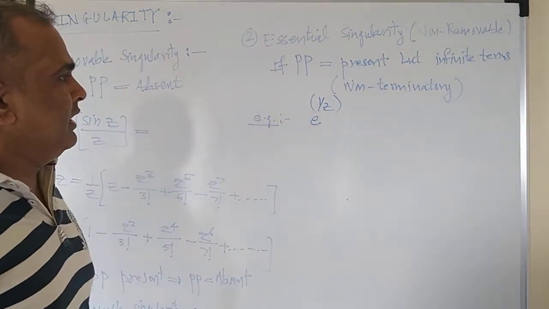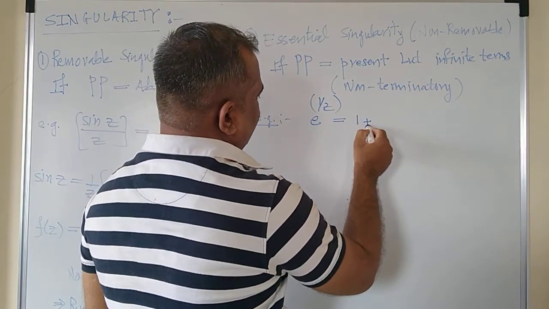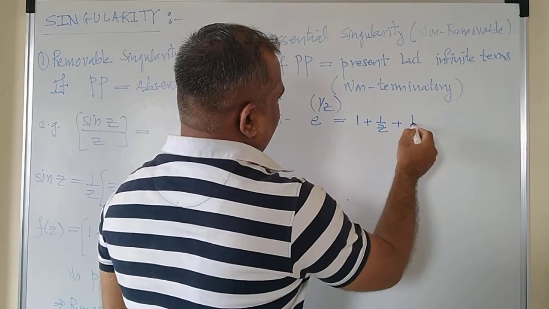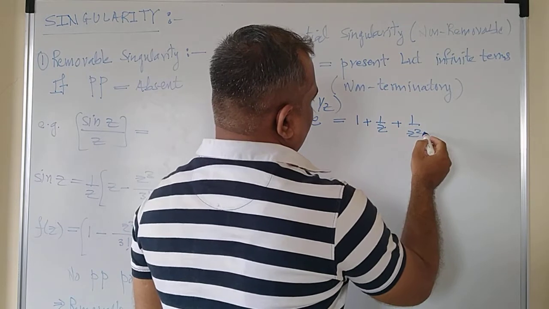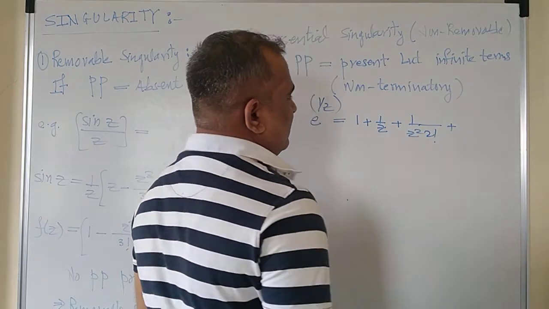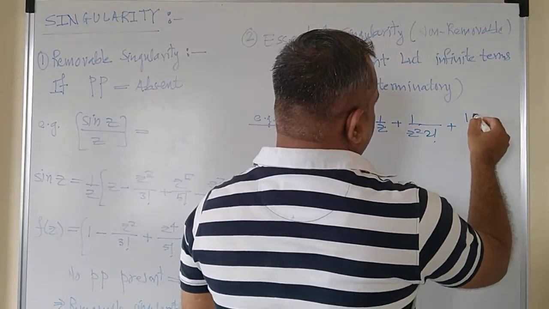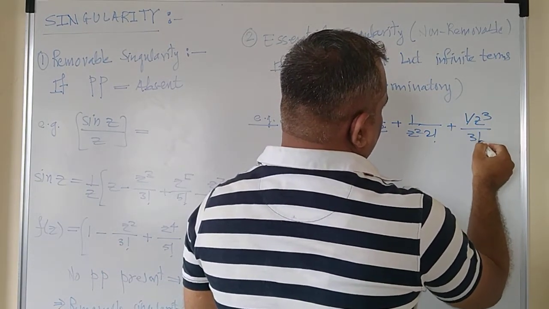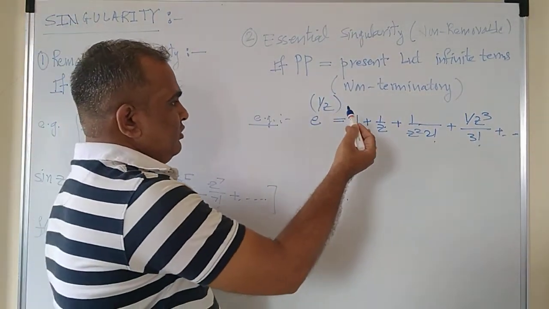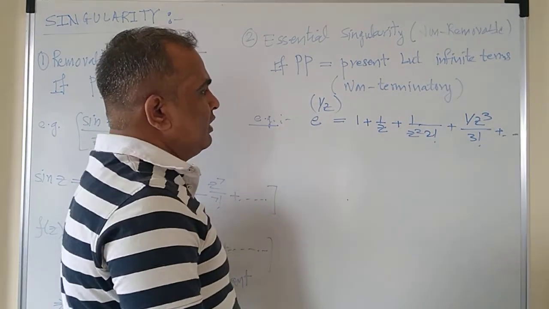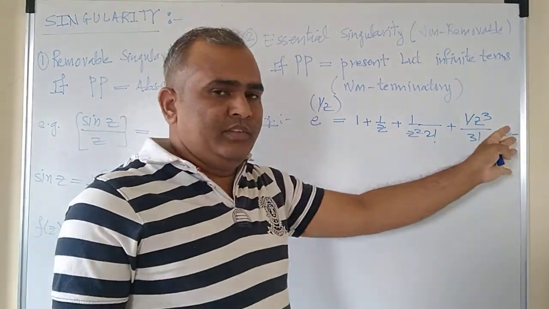Now e raised to 1 by z, just now we have written the expansion: e raised to x is equal to 1 plus x plus x square by 2 factorial plus x cube by 3 factorial plus dot dot dot. So non-terminatory. Now just by expansion you will come to know that at the denominator you are having terms, that is, the principal part is present.